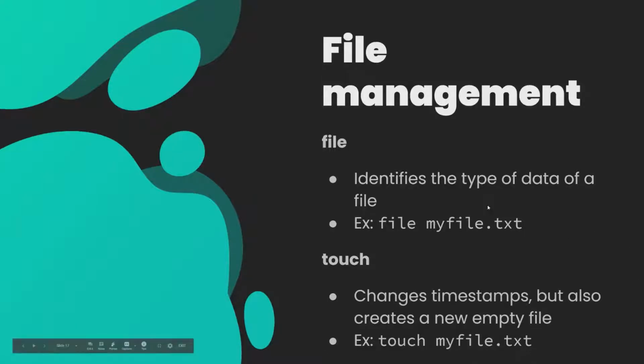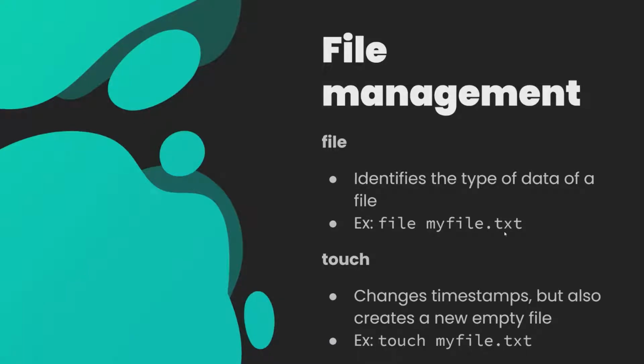So .txt, pretty obvious to us. It's a text file, but sometimes you run into files that you're not even sure what they are because they don't have an extension. So if you want to identify the type of data that the file contains, you could type file and then the name of the file that you want to identify.